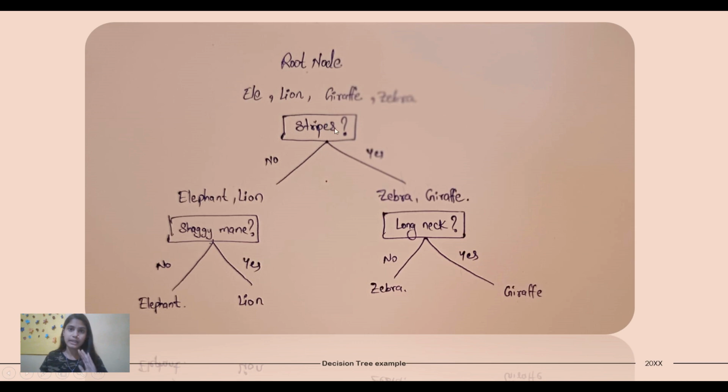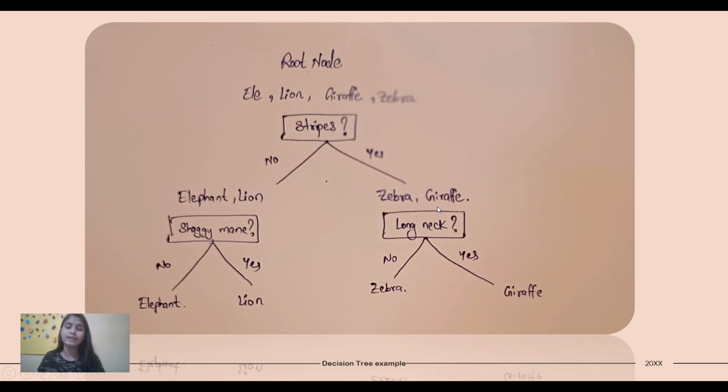First we classified if the animal has stripes or not, then yes striped and no not striped. In the striped class we have zebra and giraffe, and at this node we are again asking a question, is it having a long neck or not. Then we classify yes it has a long neck, and no it does not have a long neck.